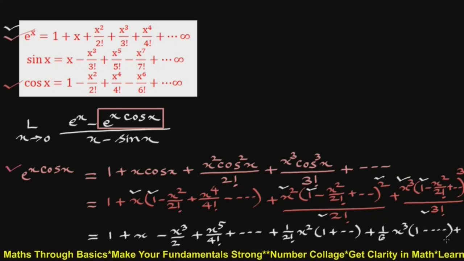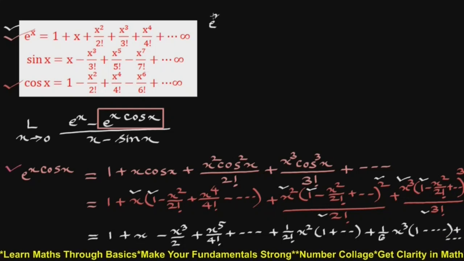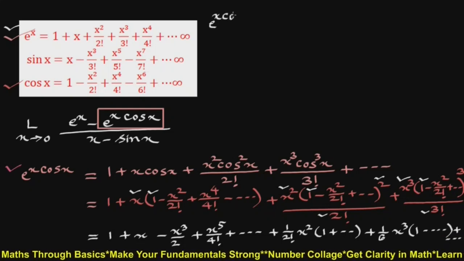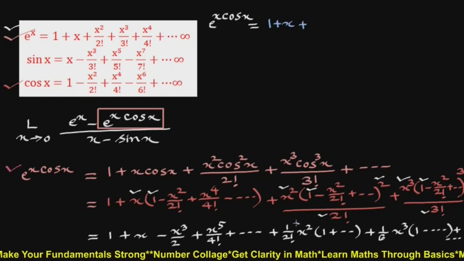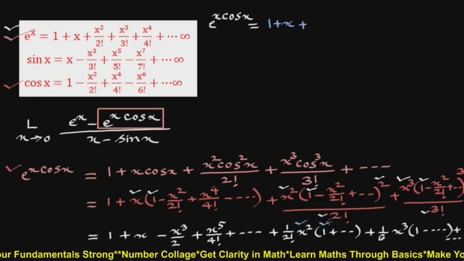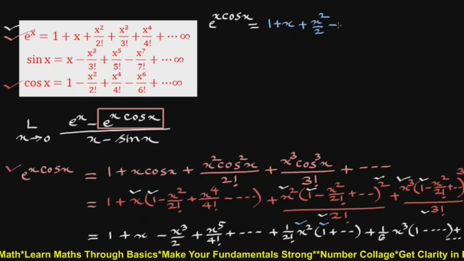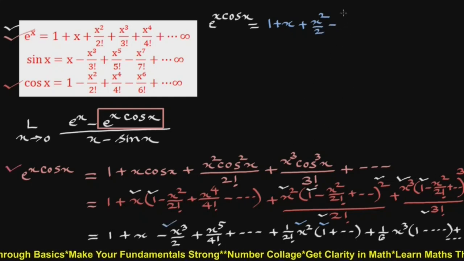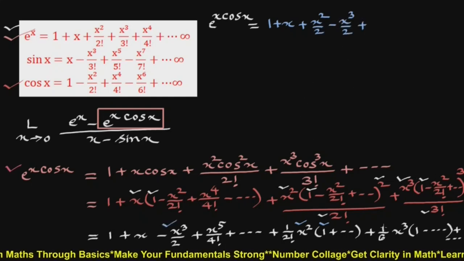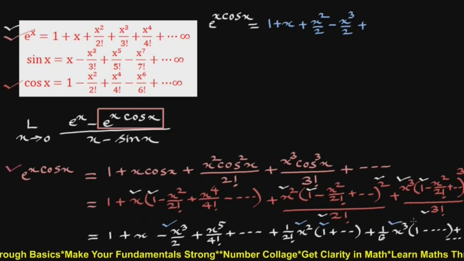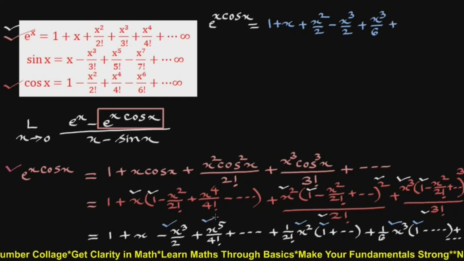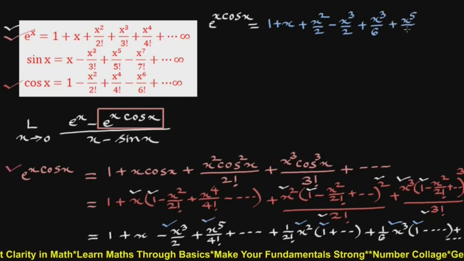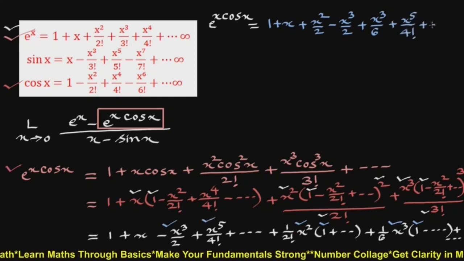So e raised to x cos x will be 1 plus x plus this x square upon 2 multiplied by 1, x square upon 2 minus this x cube upon 2 plus 1 upon 6 x cube multiplied by 1, x cube upon 6 plus this x raised to 5 upon 4 factorial plus so on and so forth.